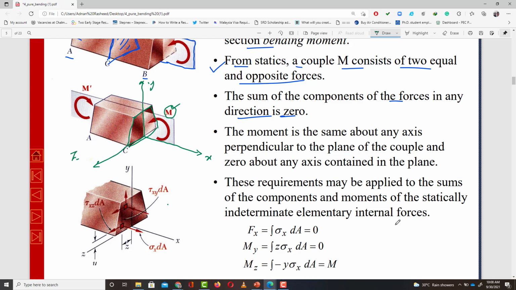For example, this is the member: this is x, this is y and this is z. So this face has z direction and y direction, so this is the x face or x plane. On this x plane there will be one normal stress, that is sigma xx. Clear?